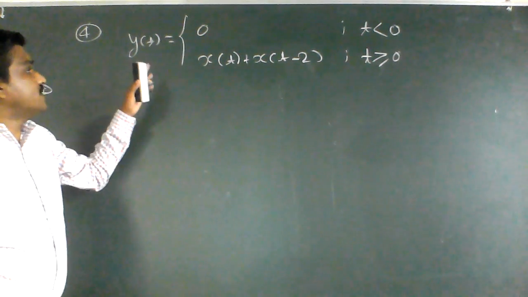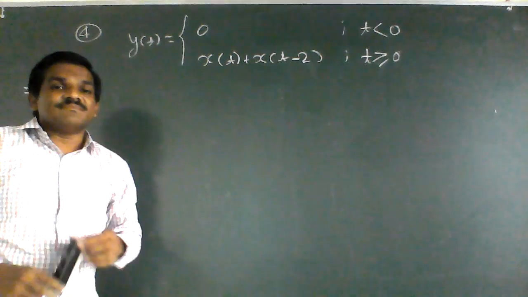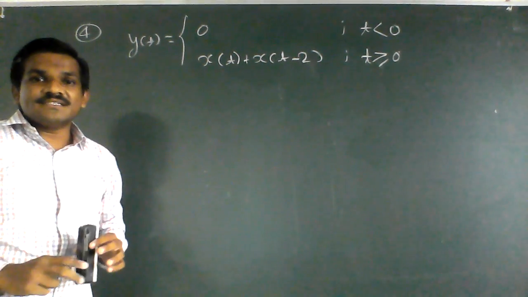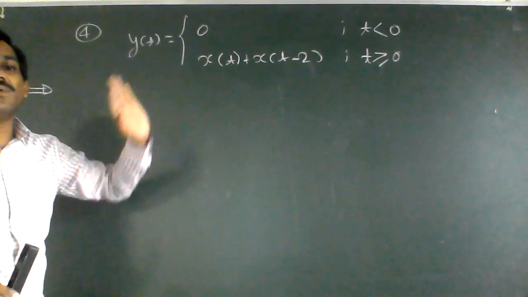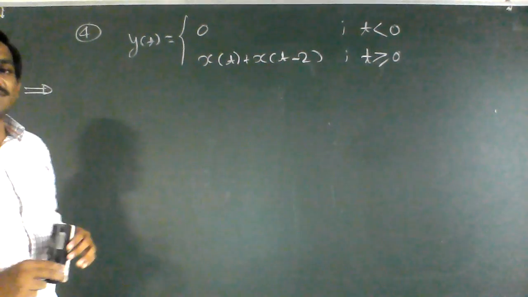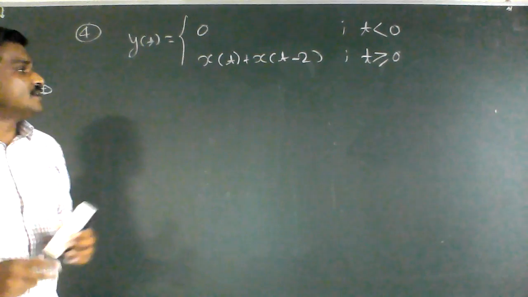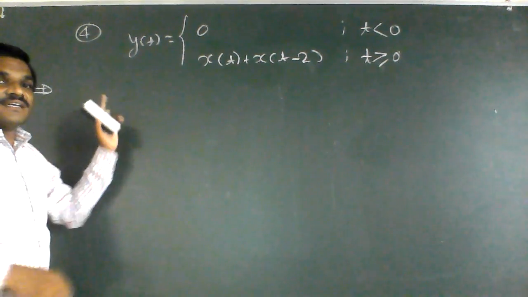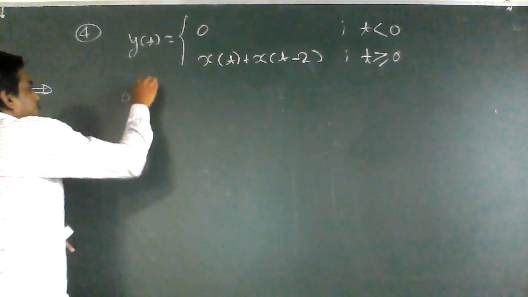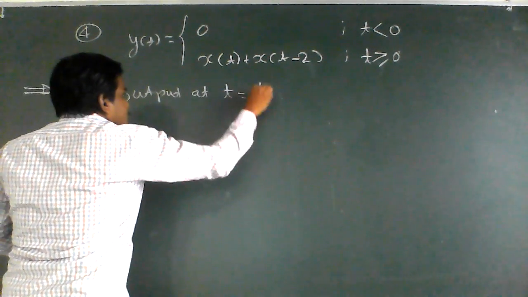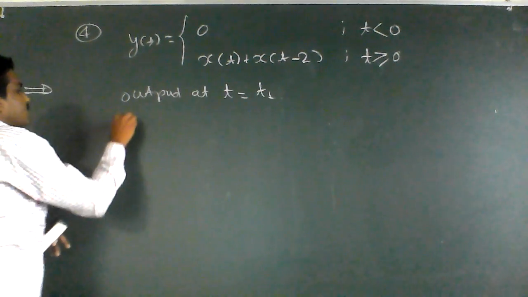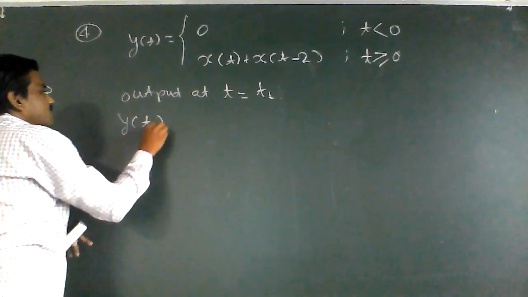So I will tell you the definition of a memoryless system. The system is said to be memoryless if its output depends upon the present input value only. Then we call that system a memoryless system. So let us consider the output at t is equal to t1, that is y of t1.